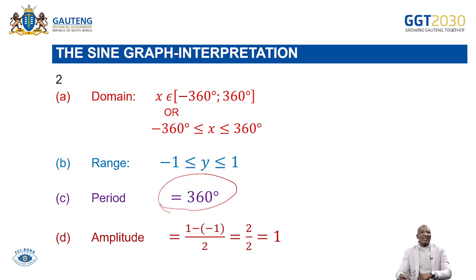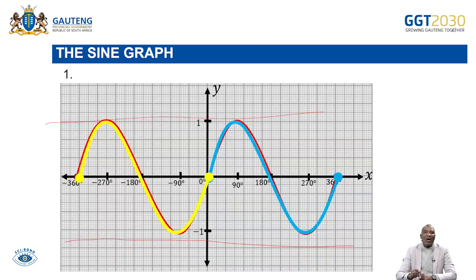By definition, what did we say is an amplitude? An amplitude is half the distance between the peak of the graph and the lowest point of the graph. The peak of our graph is 1. The maximum that it reaches is 1. From whichever position you look at, the maximum point is at 1. And the minimum is at negative 1.